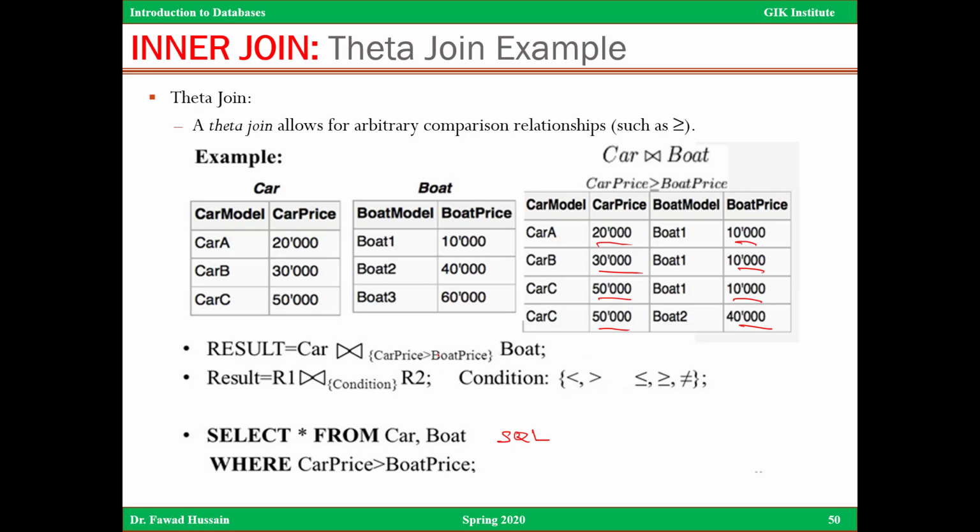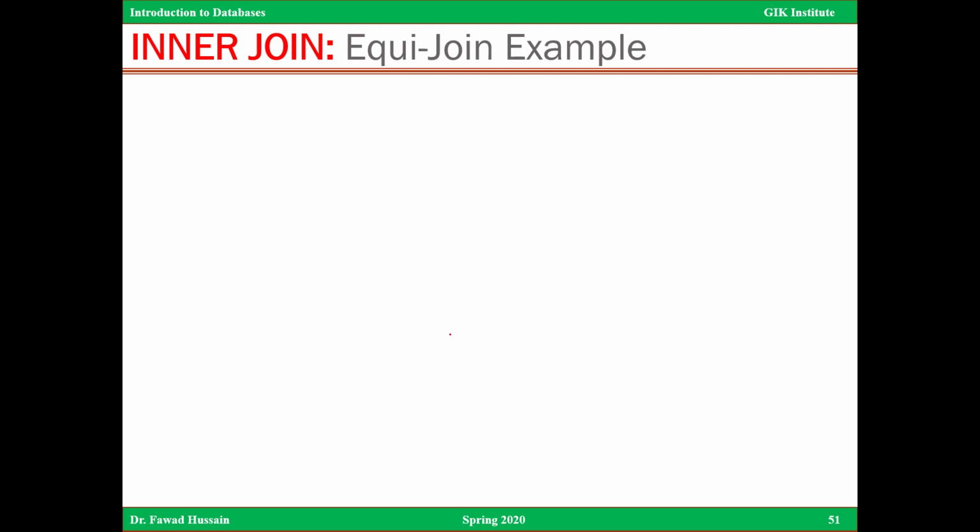Next we can look at the Equi-Join. The Equi-Join is very similar to the theta join, except that in this case only the equality operator is usable. Others are not allowed. So in this case I am going to make a student table, and here I am going to write a shorter one. So student ID here, and we have name here, and then maybe class ID over here.